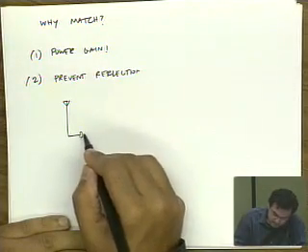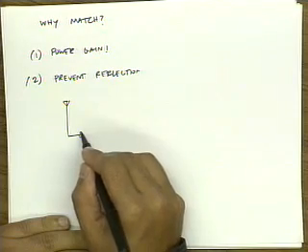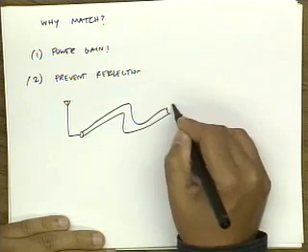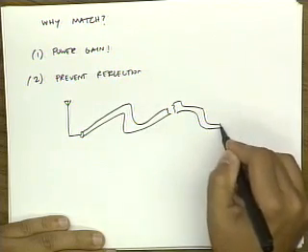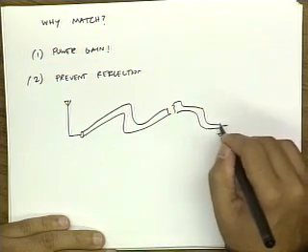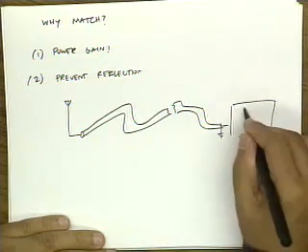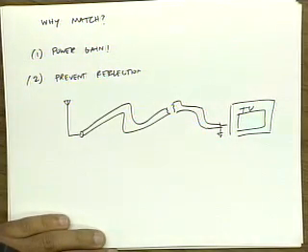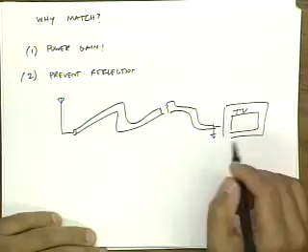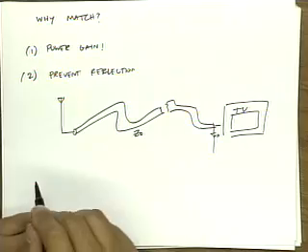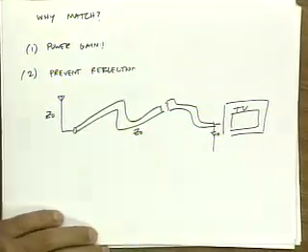Let's say you have an antenna on the roof of your house, and you have this long cable that comes into your house, and let's say this is plugged into your television, and you're watching a sports game or something. Let's assume this cable is Z0, and the antenna impedance is also Z0.